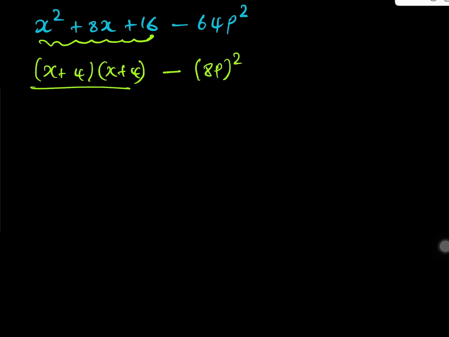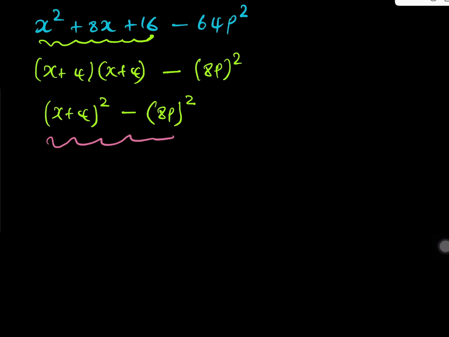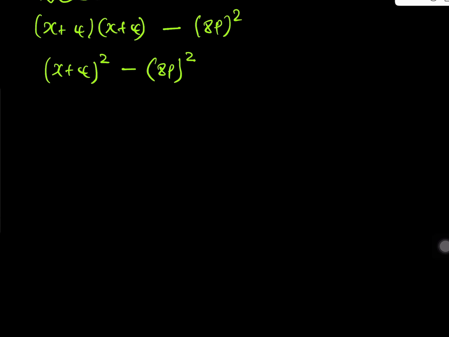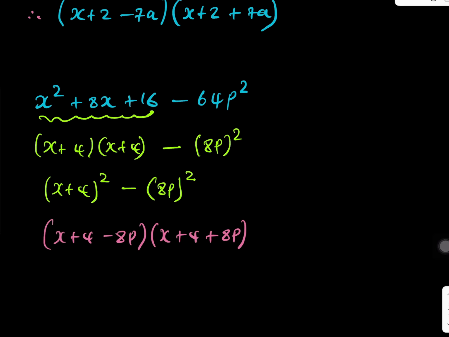So it's (x plus 4) squared minus (8p) squared, a difference of two squares, so to say. Therefore, to conclude, you're going to have (x plus 4 minus 8p) into (x plus 4 plus 8p). That's how you will factorize this, and it's not difficult at all.